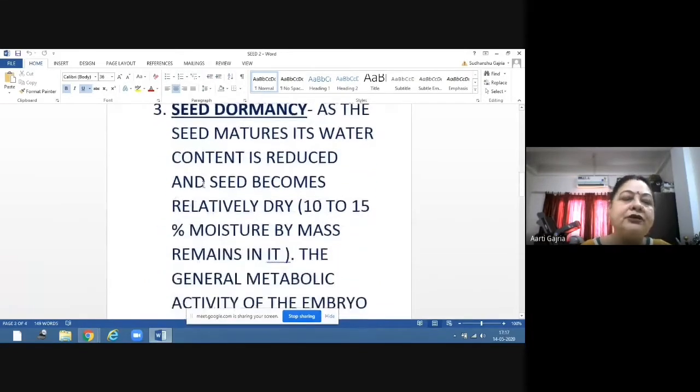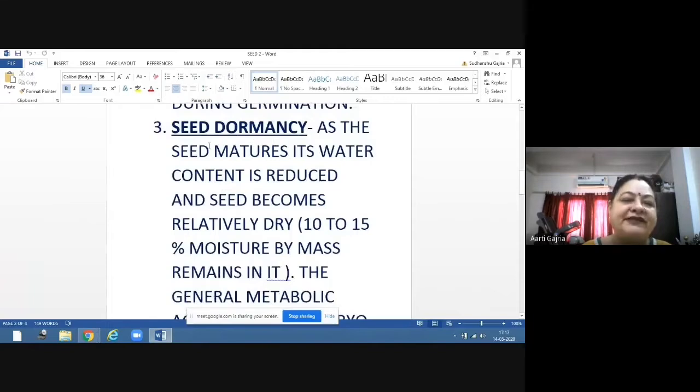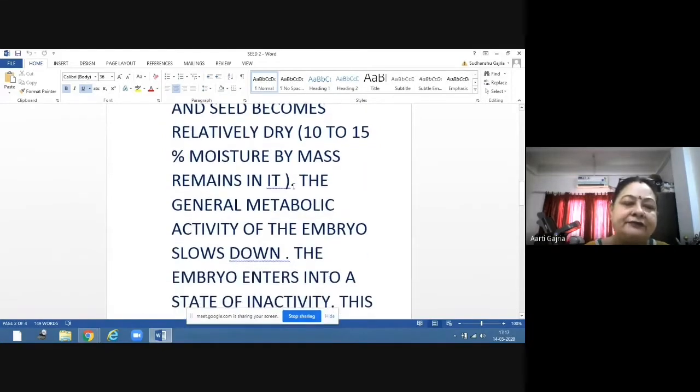Then you will come across another term called seed dormancy. Now what is seed dormancy? The dictionary meaning of dormancy is the inactive phase, and seed dormancy is also the inactive phase of the seed. As the seed matures, its water content is reduced and the seed becomes relatively dry. Only 10 to 15% of moisture remains inside the seed and the rest is dried up.